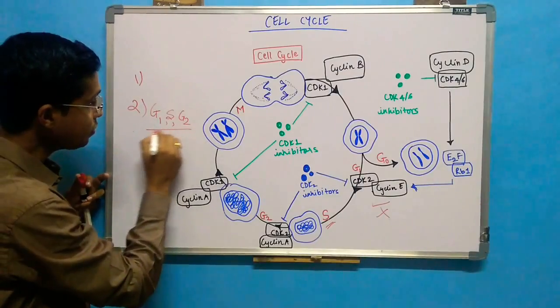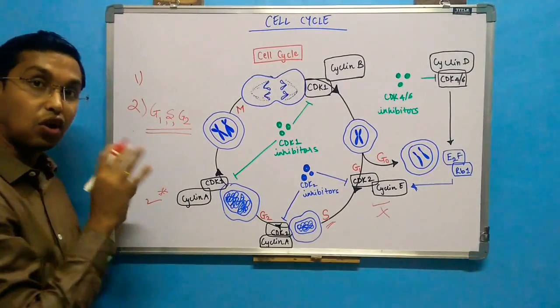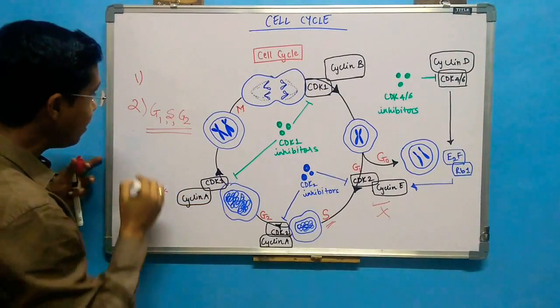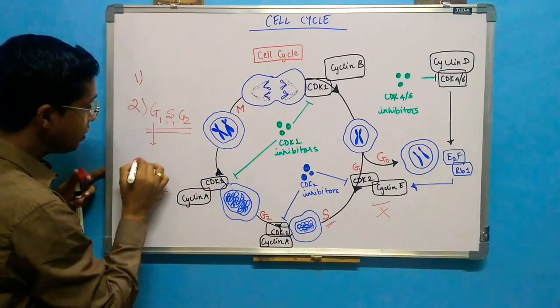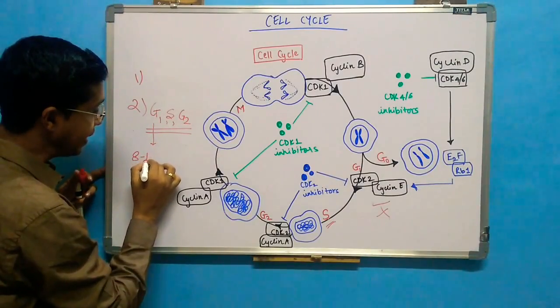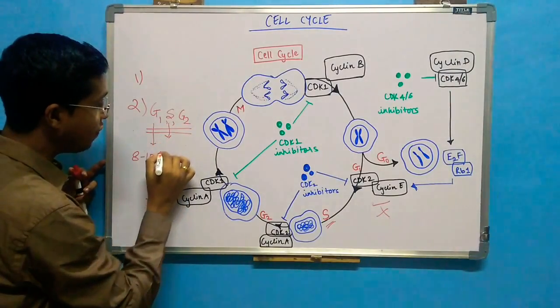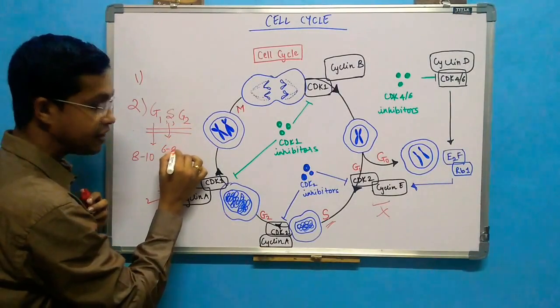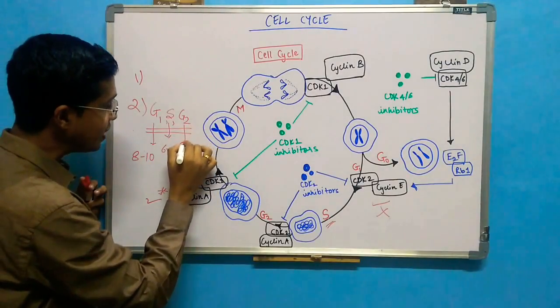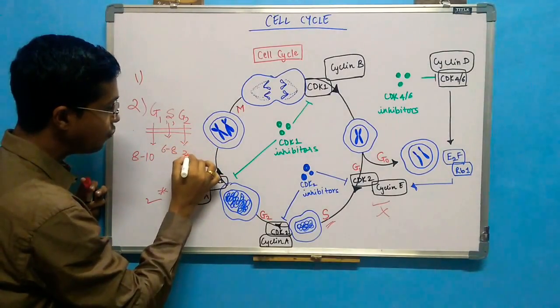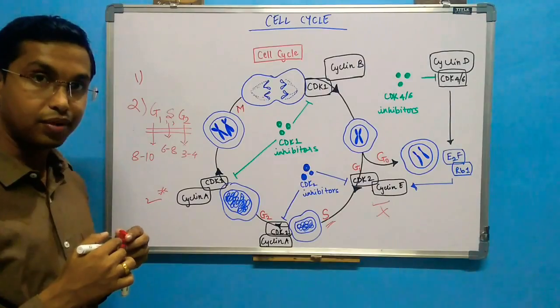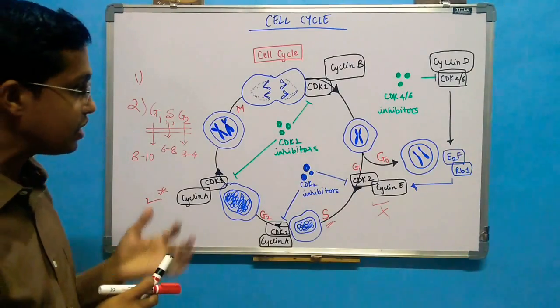Now interphase is the longest phase, okay, and G1 takes around 8 to 10 hours. Synthesis phase is 6 to 8 hours, whereas G2 phase is 3 to 4 hours. Okay, that is the duration of the cell division.